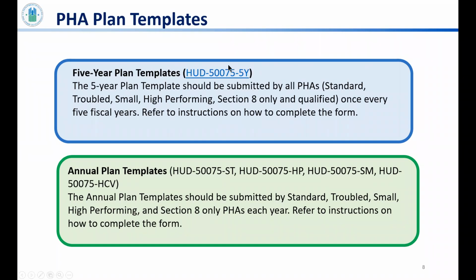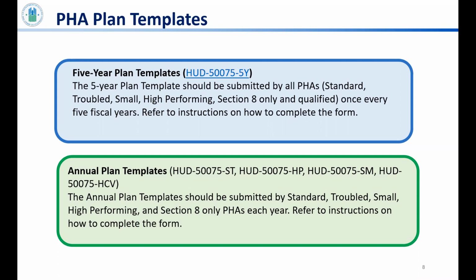The 75 says this is the plan template, and we'll talk a little bit about what the 75 means in a bit, but in short, it just means that every PHA has to submit a 5-year plan, and that's the form you use, the HUD 50075-5Y.